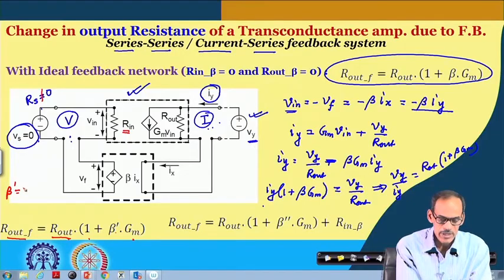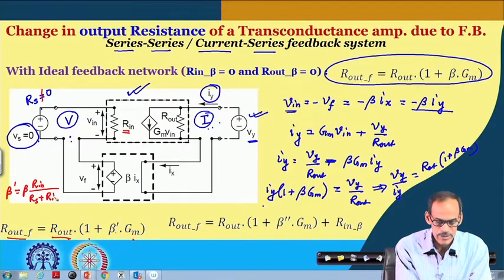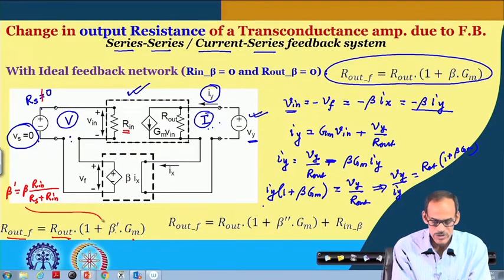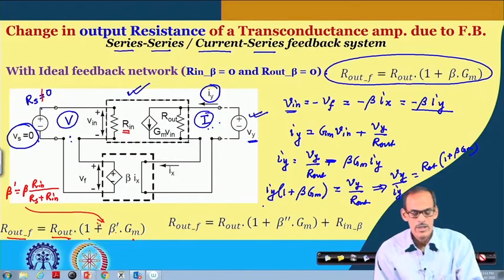So, we can say beta dashed is equal to beta multiplied by R in divided by R s plus R in. Rest of the things will be very similar.